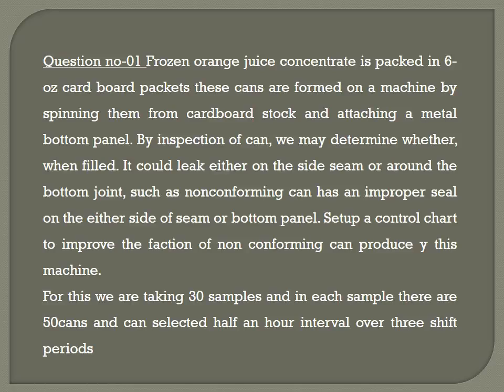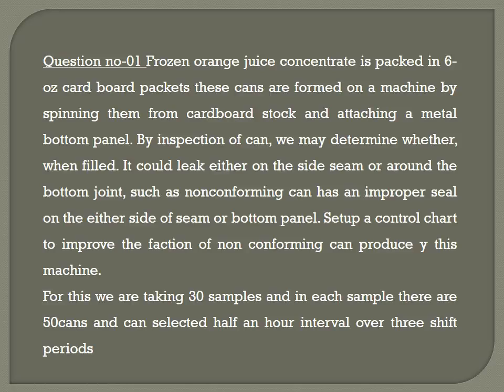Set up a control chart to improve the fraction of non-conforming cans produced by this machine. For this we are taking 30 samples, and in each sample there are 50 cans. That means this is the M and this is the N. Every time we randomly select 50 cans from a lot, at half-hour intervals over 3 shifts.